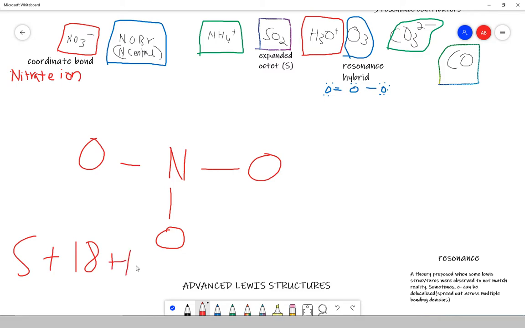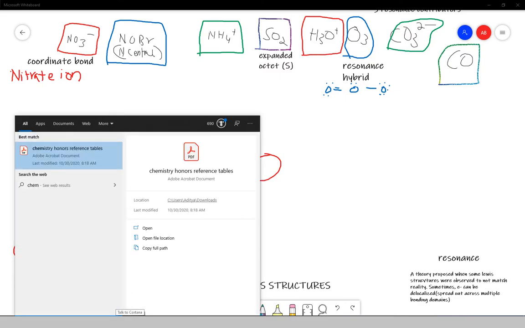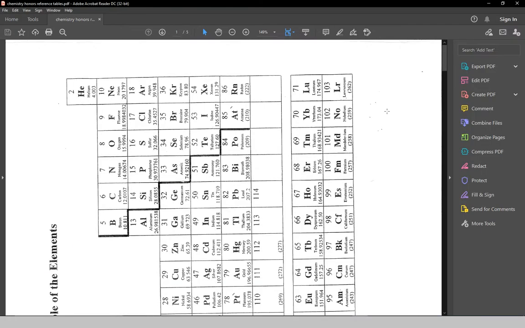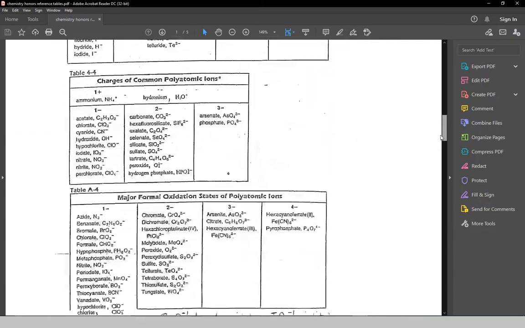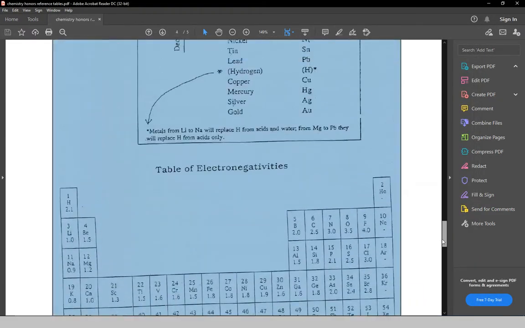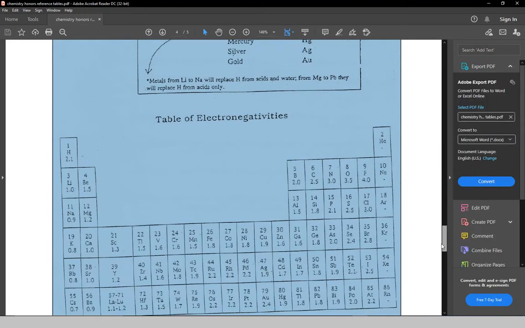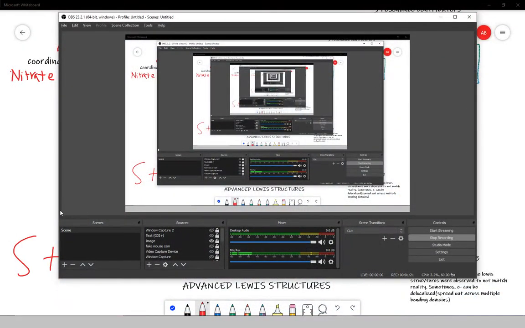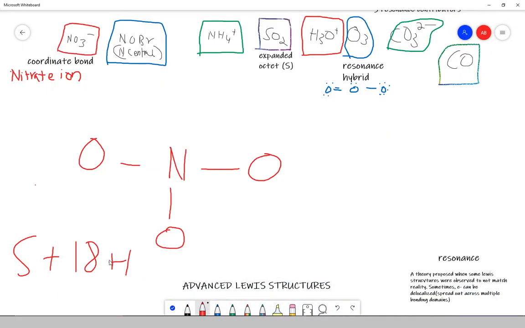Let me make sure we have the right valence for nitrogen. So 1, 2, 3, 4, 5, 6, plus 1, so that would be 24.